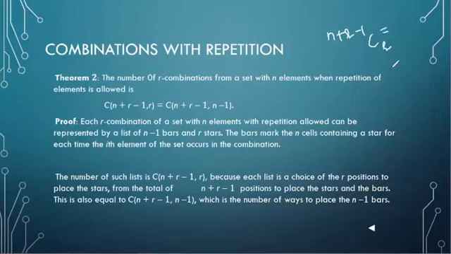This is also equivalent to n plus r minus 1 C n minus 1. In this case, each r-combination of a set with n elements, when repetition is allowed, can be represented by a list of n minus 1 bars and r stars. So let's see an example first.